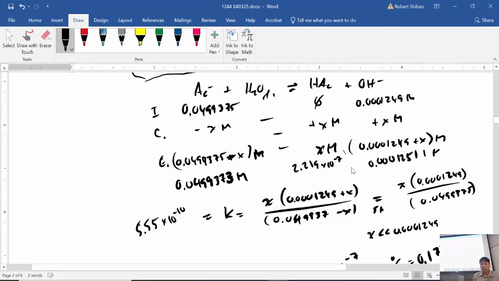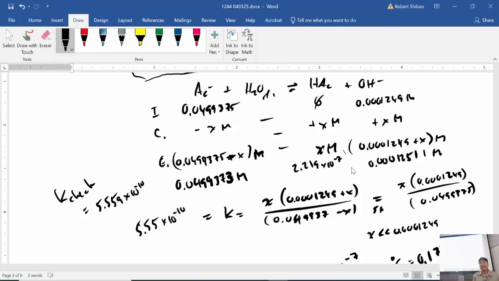This is molar. So I'm going to do a check on my K and then C. So I'll take that times 2.219 times 10 to the negative 7 divided by 0.0499373. And I get 5.559 times 10 to the minus 10. Oh, it's off a little bit. I didn't carry that many extra digits, so I would attribute this to round off.